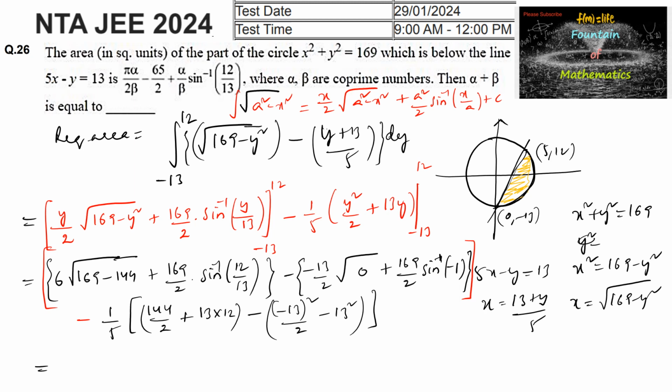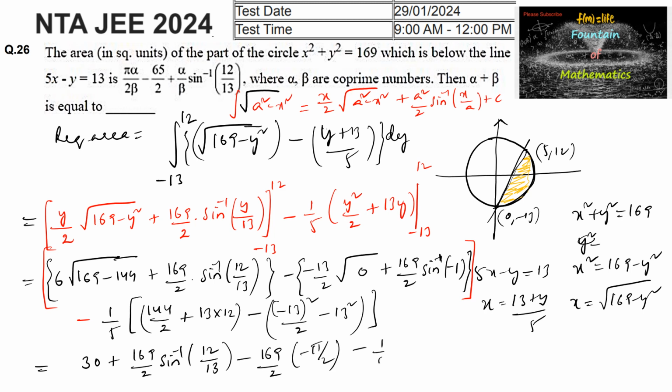So we can write 169 minus 144 is 25. The square root of 25 is 5. So 6 fives are 30 plus 169 upon 2 sine inverse of 12 upon 13, minus 169 upon 2 sine inverse of minus 1. Sine inverse of minus 1 is minus pi by 2.